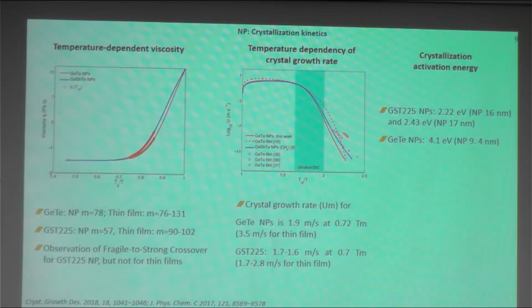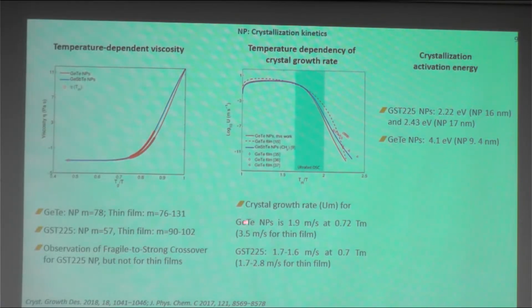Germanium telluride shows an M value of about 78, and thin film is also in this range. For GST, it was measured a little bit lower for nanoparticles, and for thin film a little bit larger. Here they found a strong fragile to strong crossover for GST nanoparticles, but not for thin films.